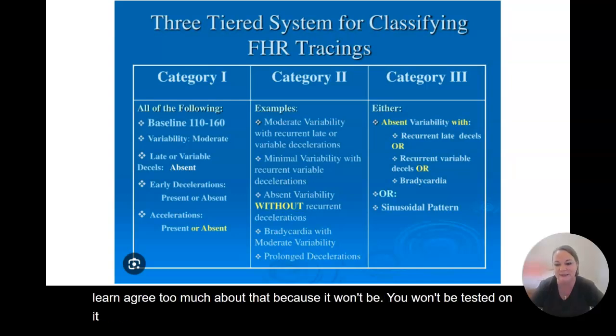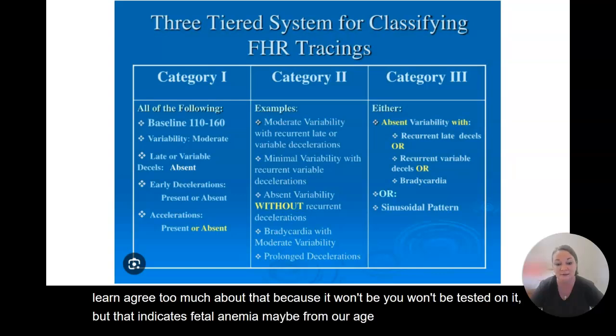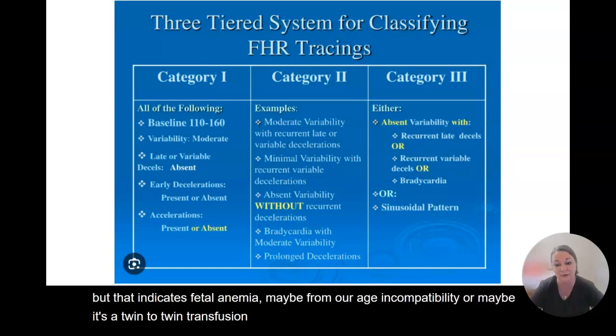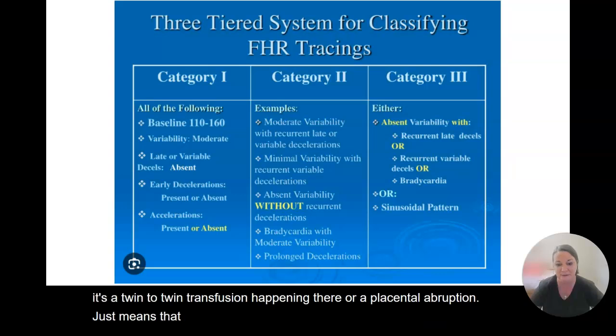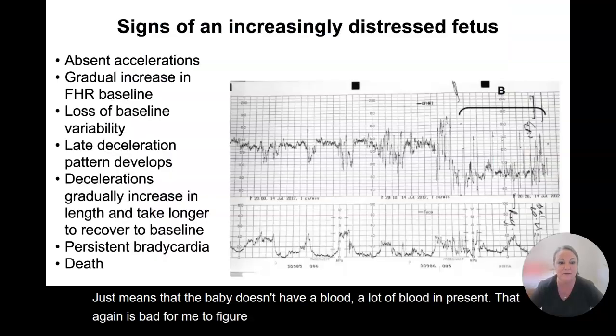But that indicates fetal anemia, maybe from RH incompatibility, or twin-to-twin transfusion, or a placental abruption. It just means the baby doesn't have a lot of blood present. That again is bad, so we need to figure it out.